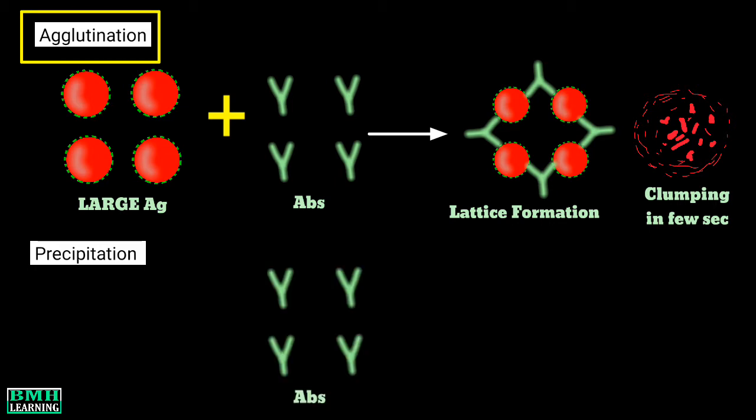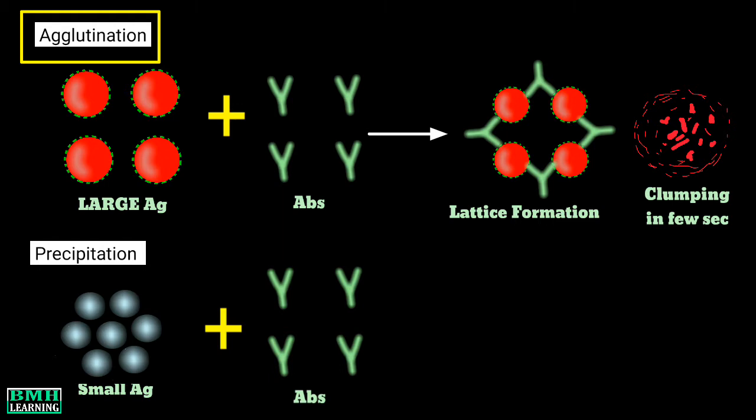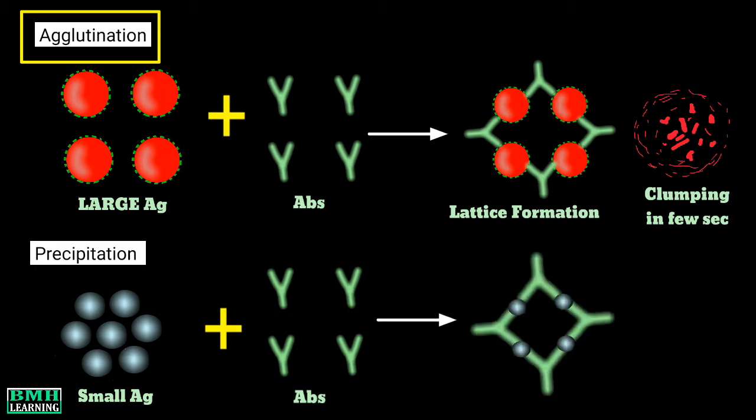Now, if the antibodies are going to bind to small and soluble antigens in place of large and particulate antigens, what would happen? You will still observe the binding between antigen and antibody, but the reaction doesn't proceed instantly. It requires at least 24 to 48 hours for the reaction to become visible in the form of precipitates.